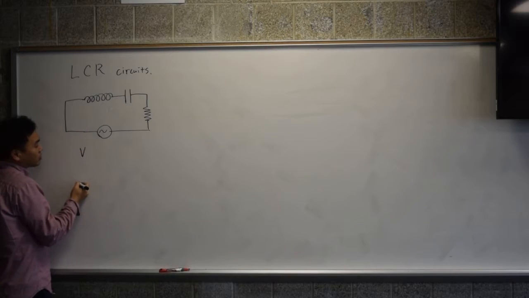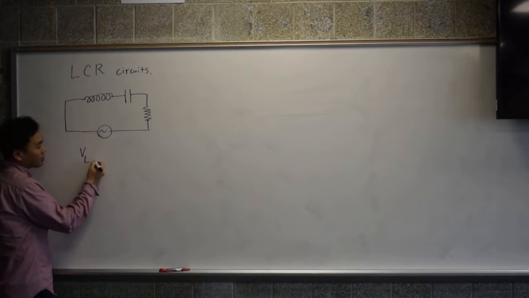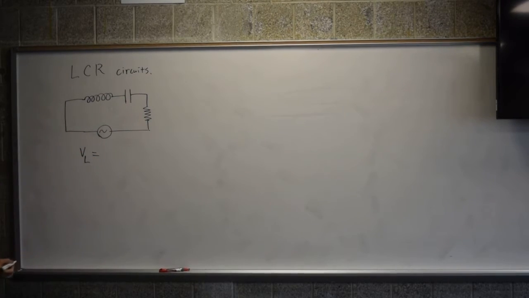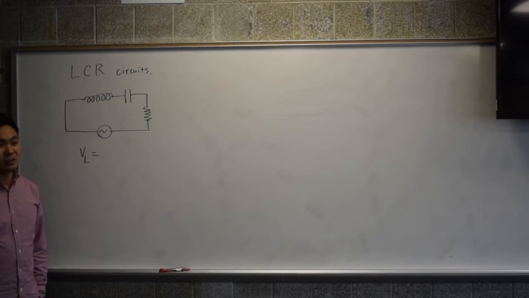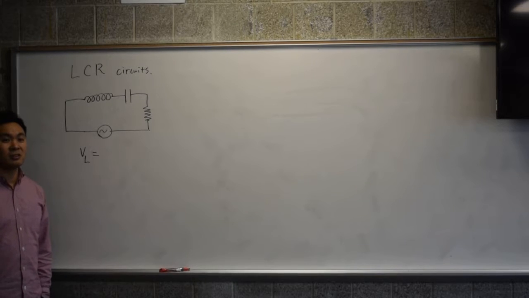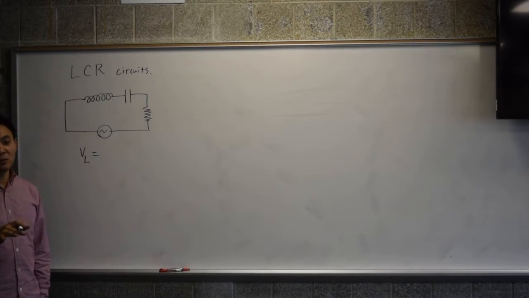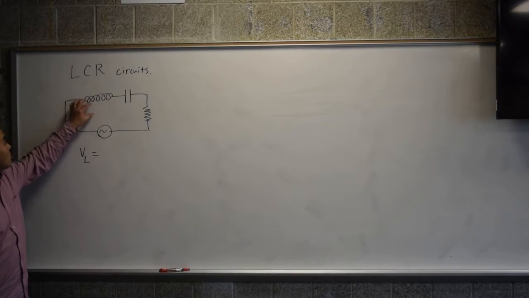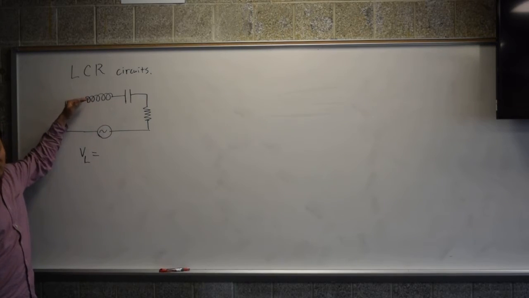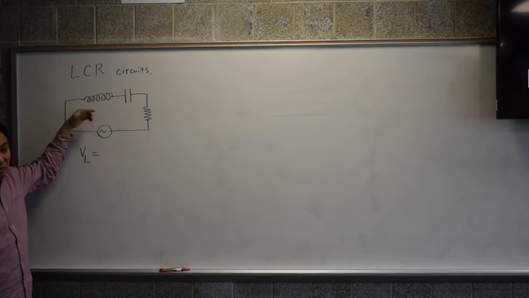All right, so the voltage drop across an inductor is equal to, what does an inductor try to do? It goes against the change of current, right? When the current tries to change, it changes the magnetic field inside this coil, and that gives you an opposing current, right?